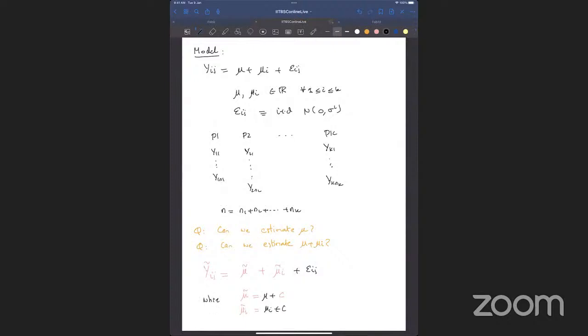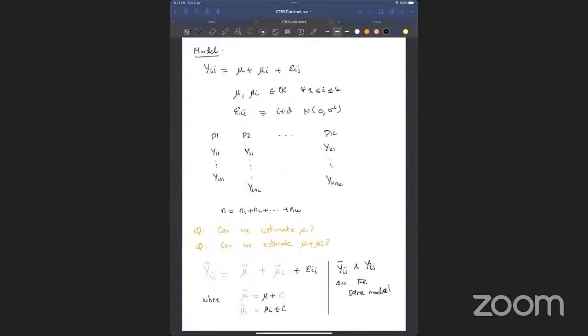I tweak the model a little bit, but observe that by this tweak I have done nothing to the model. The y tilde_ij's are the same as the y_ij's. The models are the same, and the y_ij's are modeled the same way. So in that sense, the parameters are not identifiable.